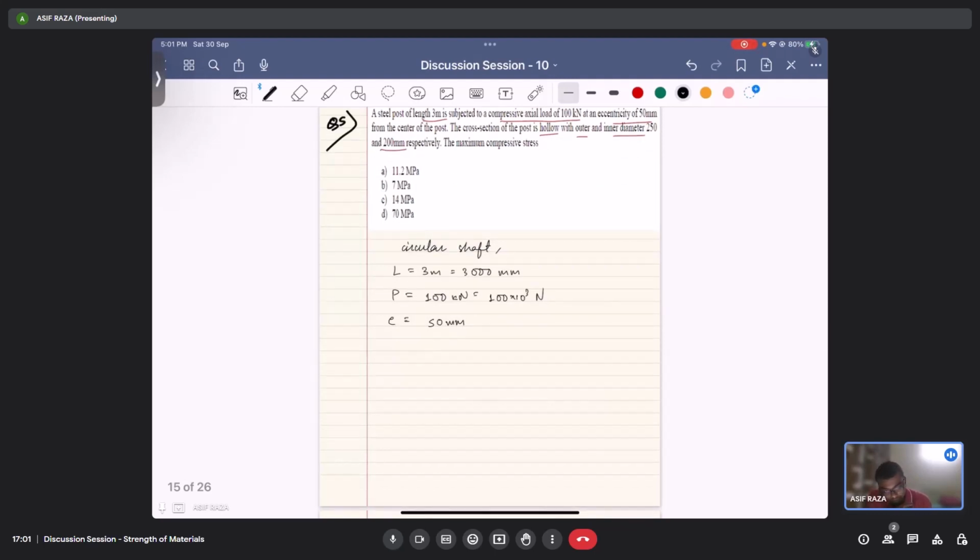The cross section of the post is hollow with outer diameter 250 mm and inner diameter 200 mm. This is a compressive load.